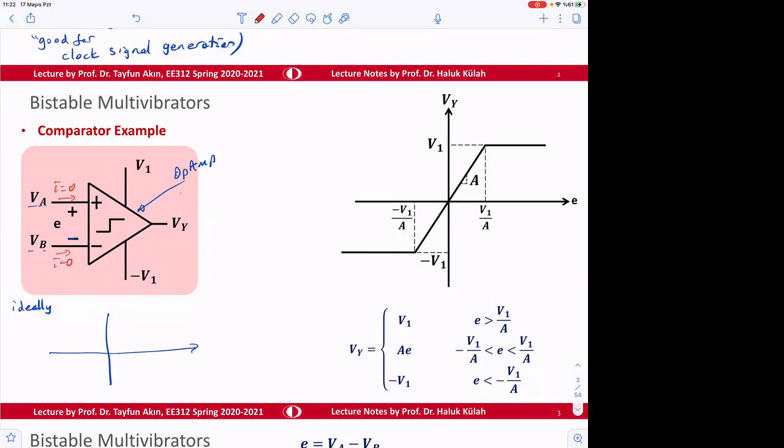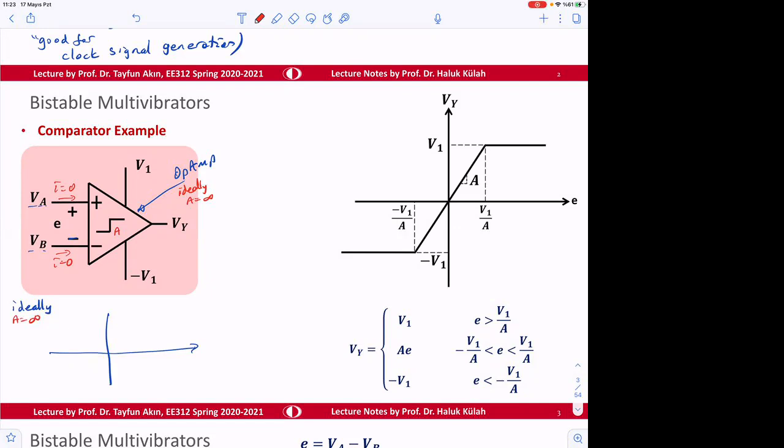Okay, and then ideally the gain A is infinity.